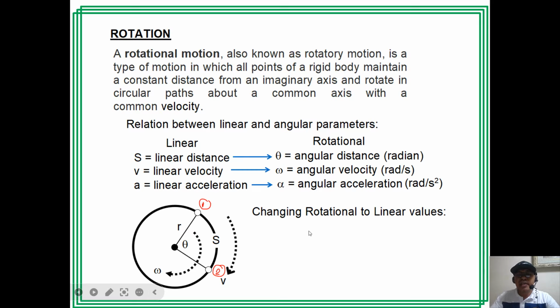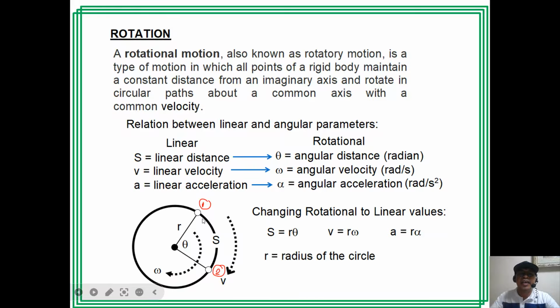So we have the relationship for how to change rotational to linear values. If we are given theta, omega, and alpha in rotational motion, how will we convert them to the equivalent linear motion values? Simply, S equals R times angle theta, V equals R times angular velocity omega, and A equals R times angular acceleration alpha. R here is the distance of the point considered from the center of the circular path.